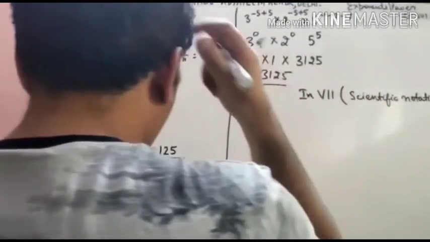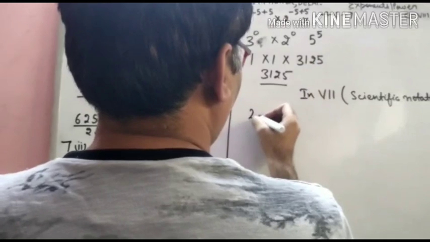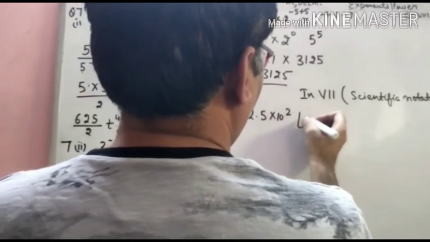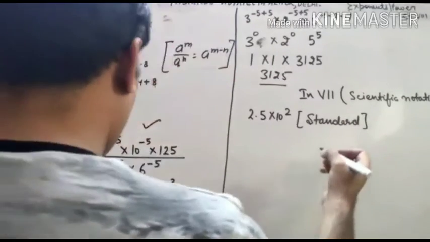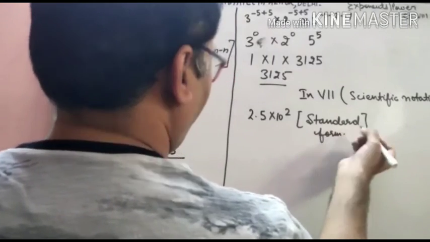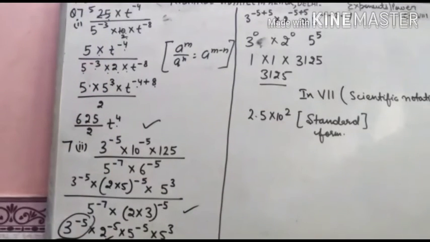We know that when we express 2.5 into 10 raised to power 2, it is called the standard form. We all have learned about that in class 7th. So here are a few steps which we will follow to write numbers in standard form. From tomorrow's class we will start this scientific notation.